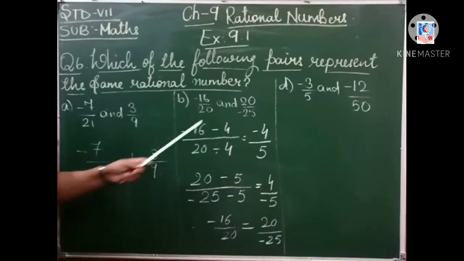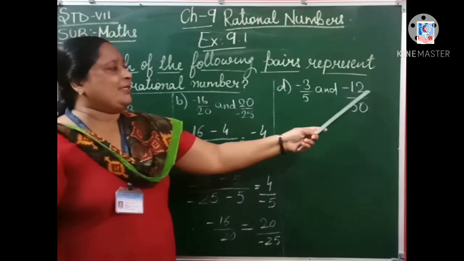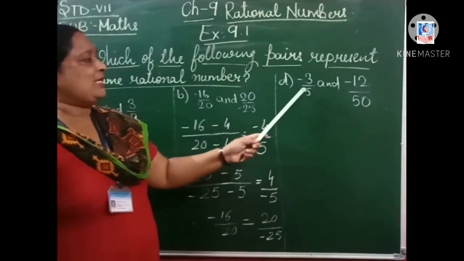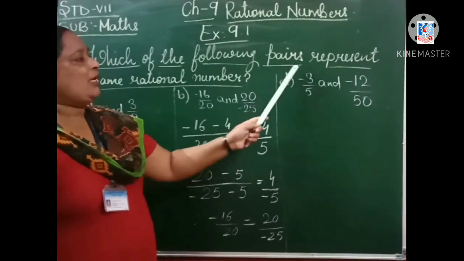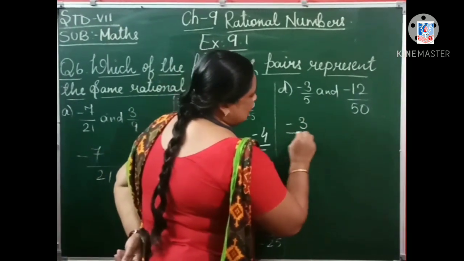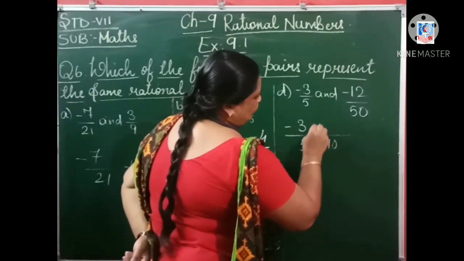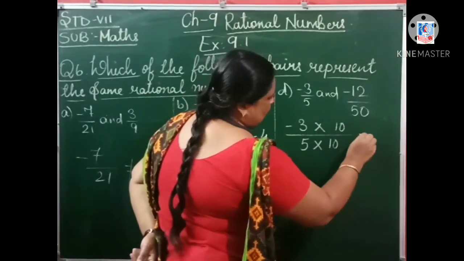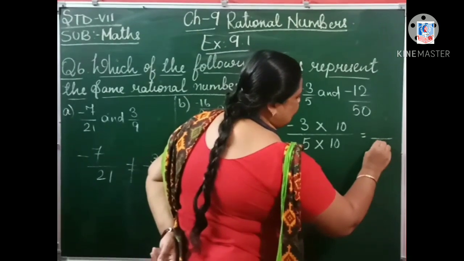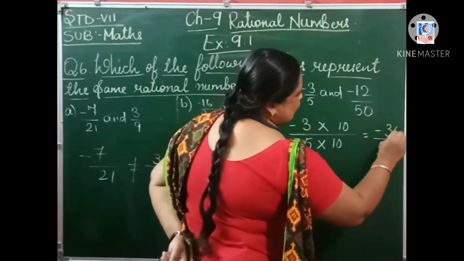Now next, D, minus 3 by 5 and minus 12 by 15. Now see, here this is already in lowest term. So what we will do? Let us multiply this 5 with 10. So 5 into 10 is 50 and minus 3 into 10 is minus 30.